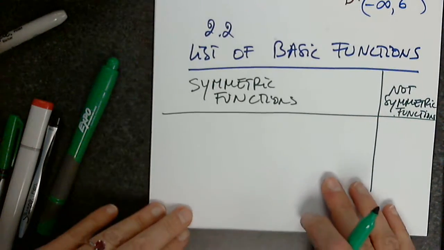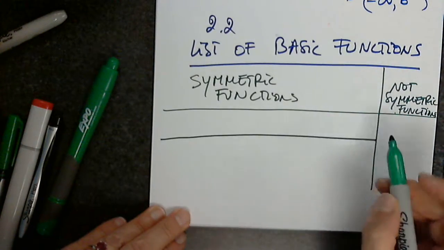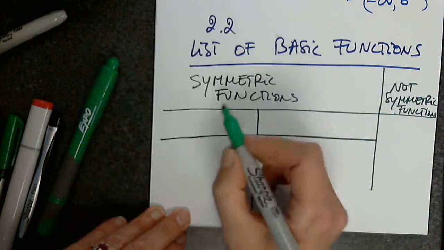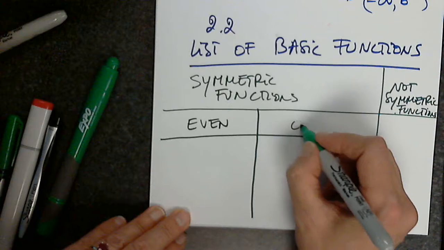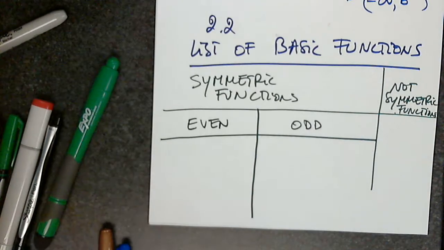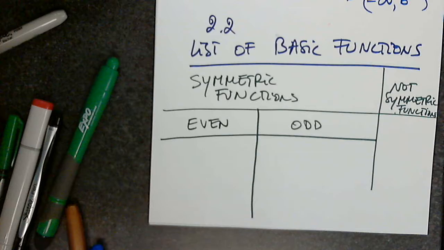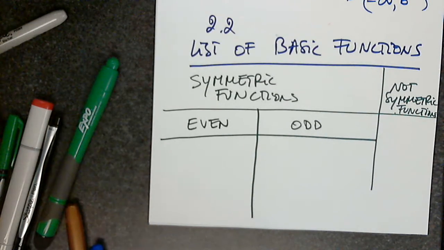Symmetric functions are of two types. What is called an even function, and what is called an odd function. It has nothing to do with the possible index in the function. It's just the name of a function.